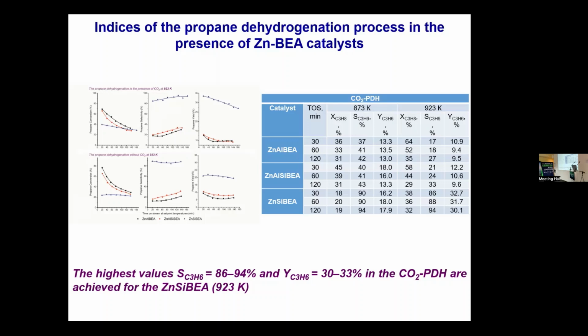So it means that this catalyst with Zn in the primary position is a better catalyst for propane dehydrogenation into propylene. Okay.